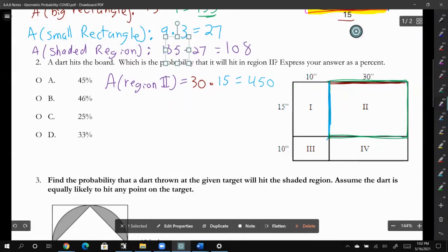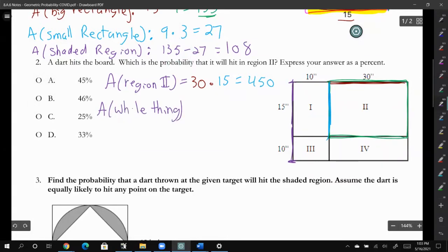Now we have to figure out the area of the whole shape. Well, this whole distance here is 25. So the area of the whole thing is going to be 25 times 40, because that whole distance will be 10 plus 30.